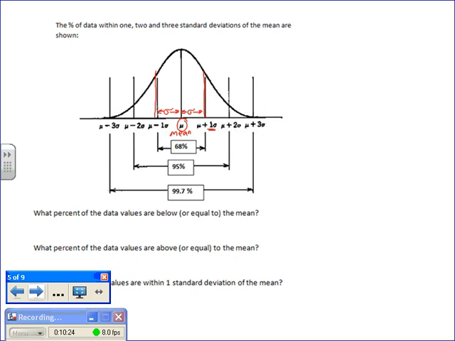Something that's true is that 68% of my data will be within 1 standard deviation of the mean. So let's write that down over to the side. This 68% means that 68% of all the data is within 1 standard deviation of the mean.